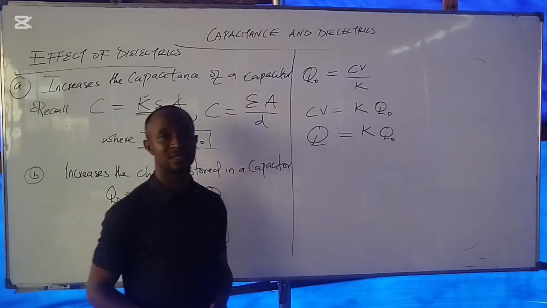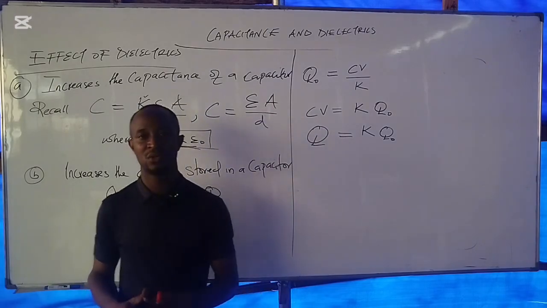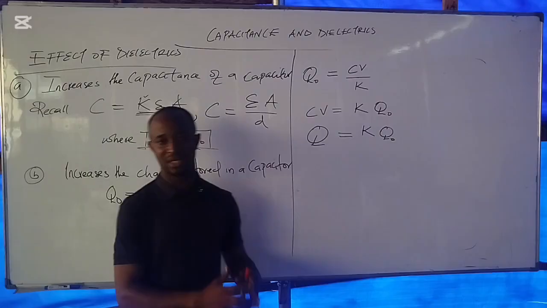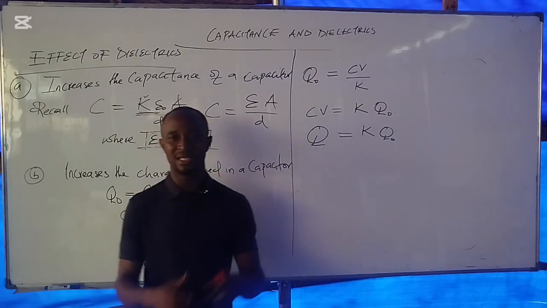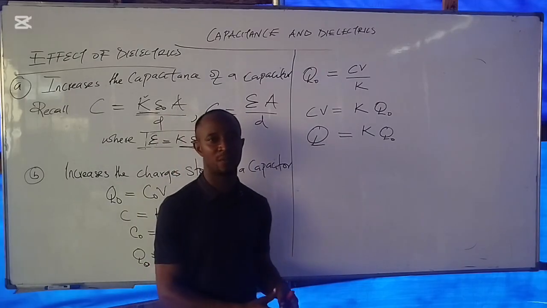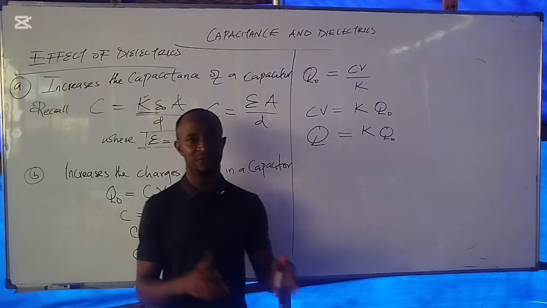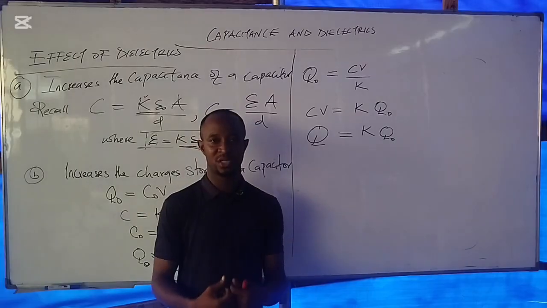The third one is that when you introduce a dielectric material into a capacitor, it lowers the voltage of the capacitor. The fourth is that it also lowers the intensity or the electric field of that capacitor. Don't forget that we say that electric field intensity and your voltage are both directly proportional to each other.